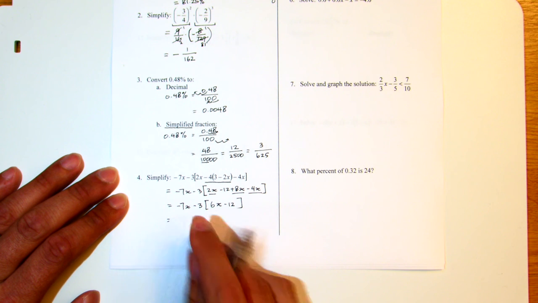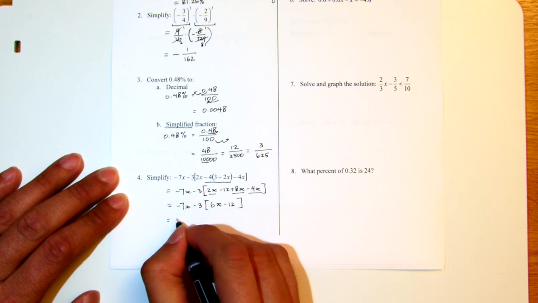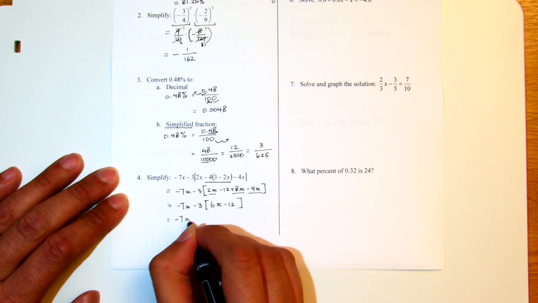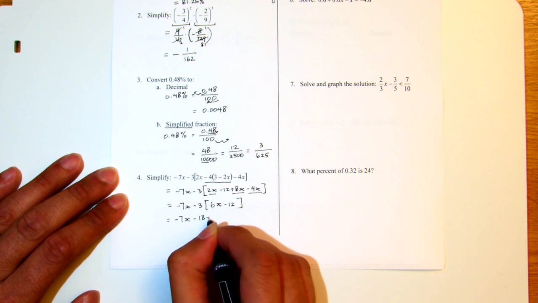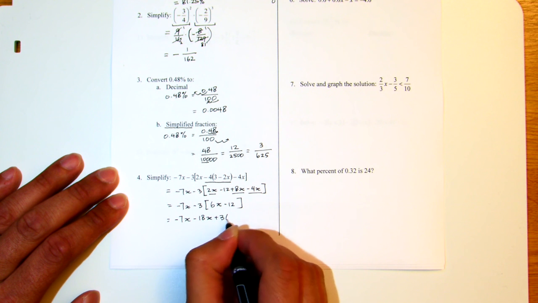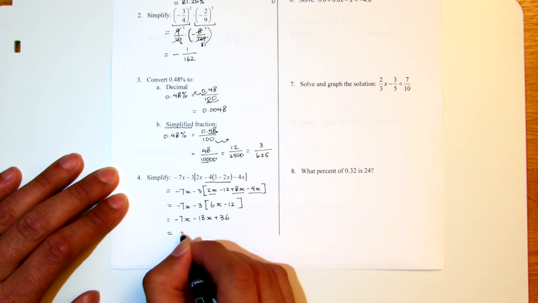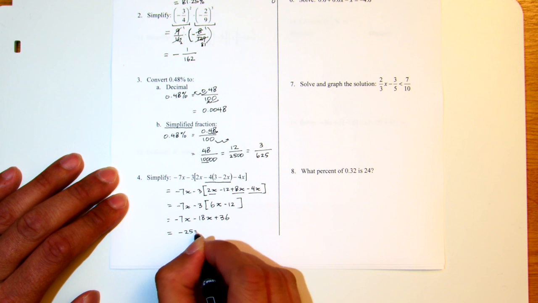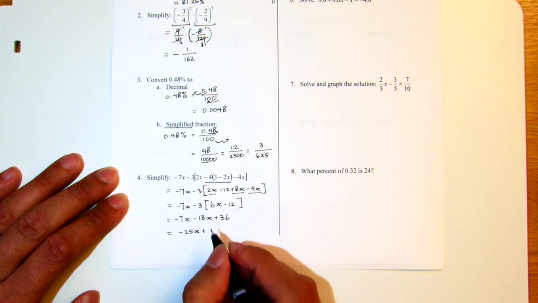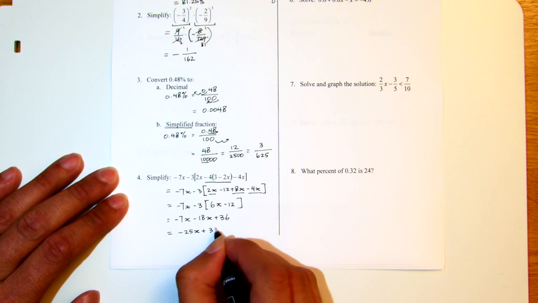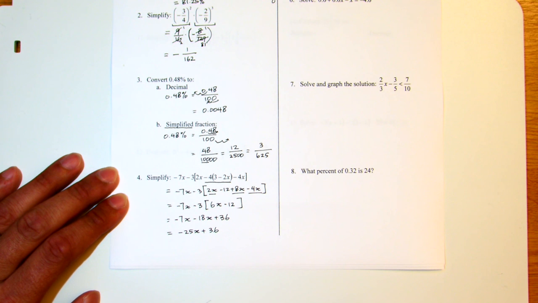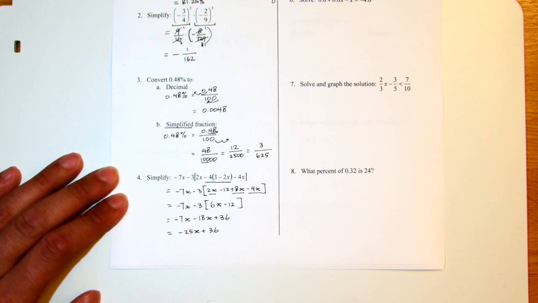Now from here then, I distribute the negative 3 and that gives me negative 7x minus 18x plus 36, which is negative 25x plus 36. Okay, that's for this test, number 1 to number 4.